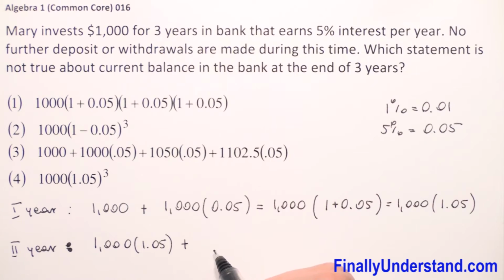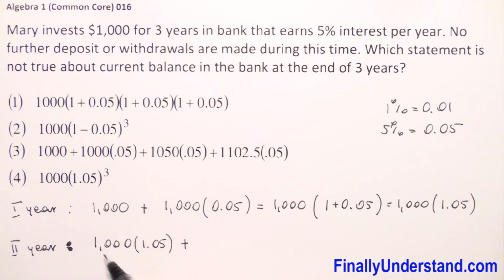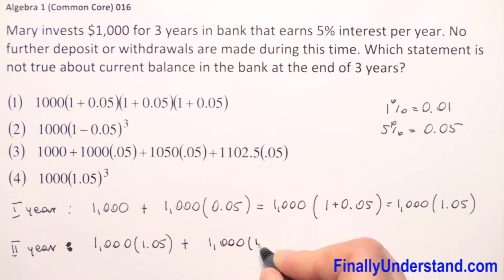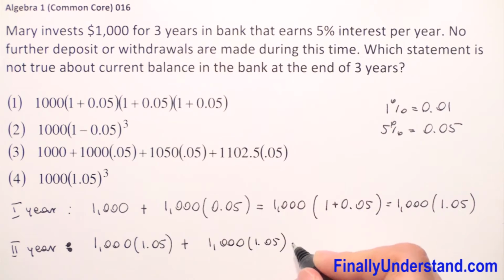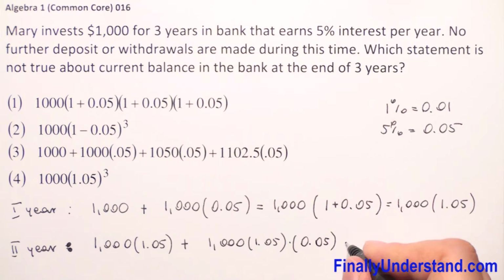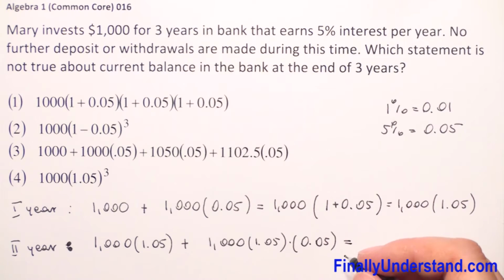At the end of the second year she will get 5% of what she has. So it will be 1,000 times 1.05 times again 0.05, 5%.